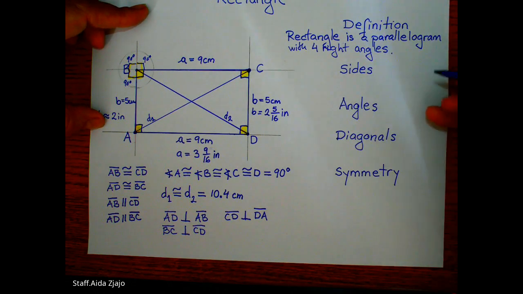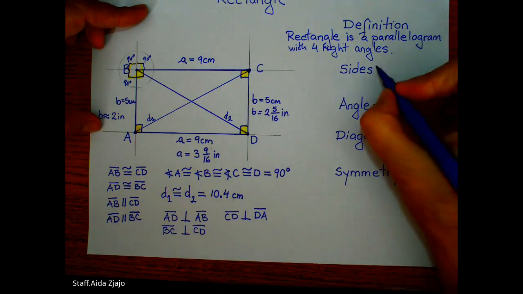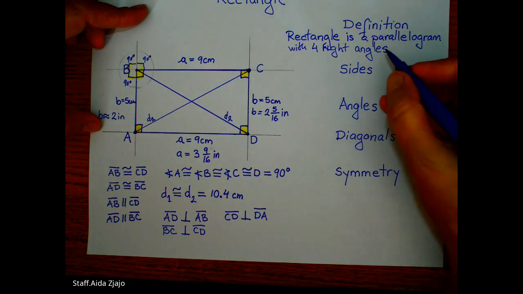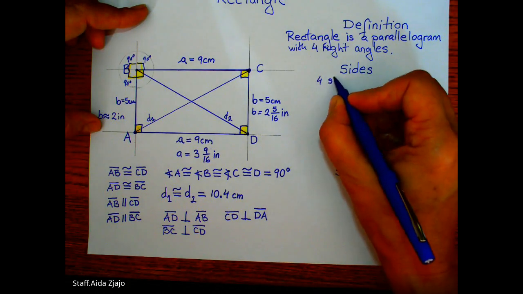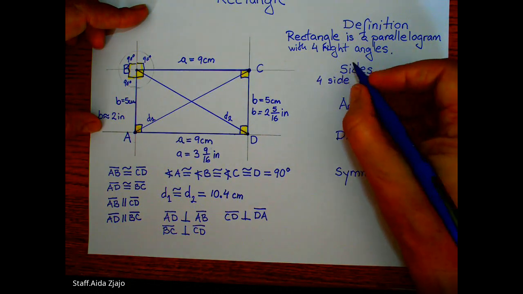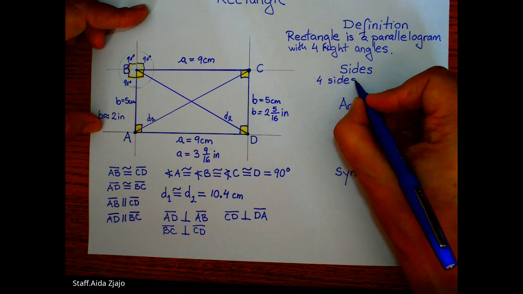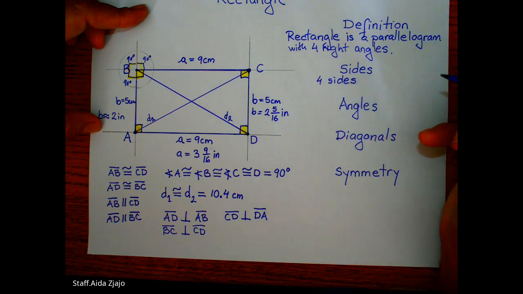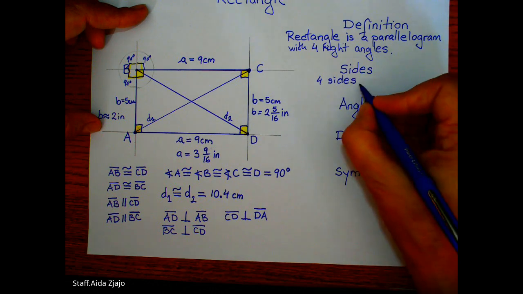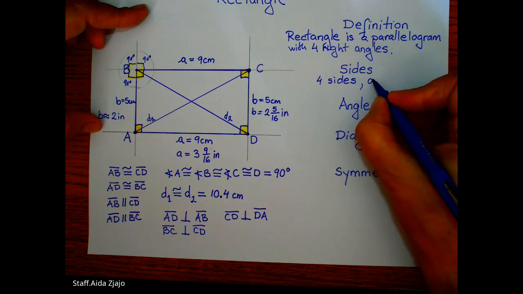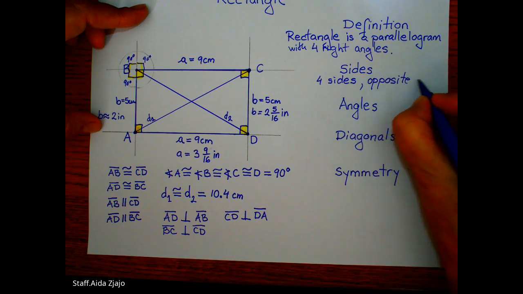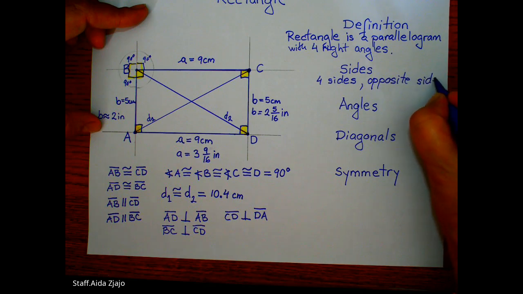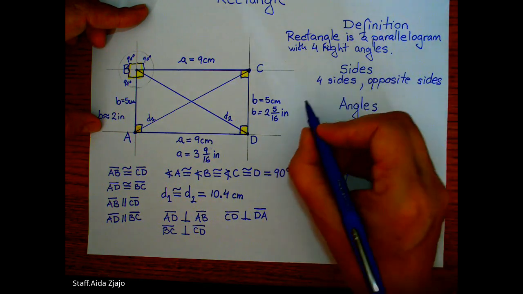Talking about sides, there are four sides, and the opposite sides are parallel and congruent.